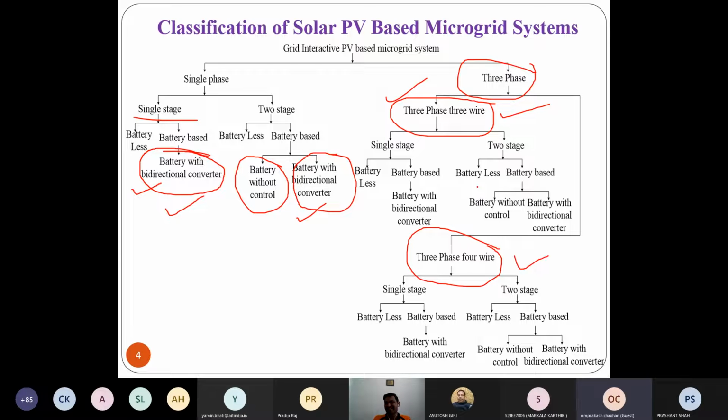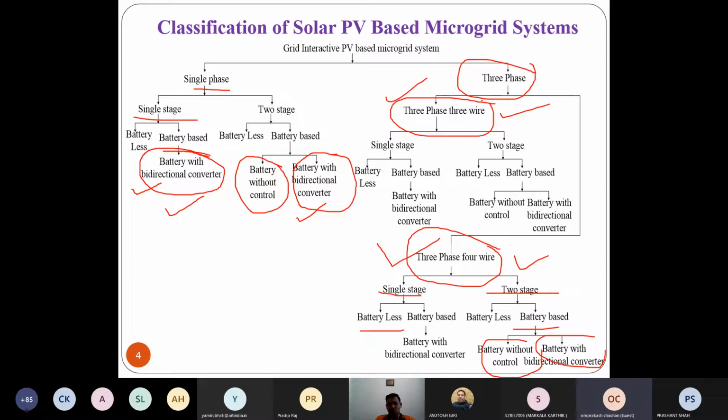So we require an extra leg so that the neutral current can be compensated. Whatever the load neutral current is, it can be fed from the VSC. So three phase 4 wire, similarly to single phase, is categorized into single stage, two stage, battery-less, battery-based, and then battery without control, battery with bidirectional converter.